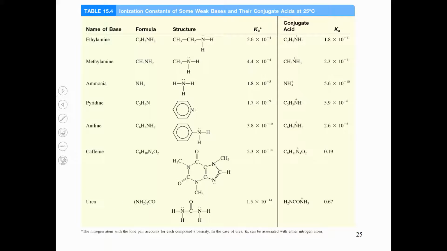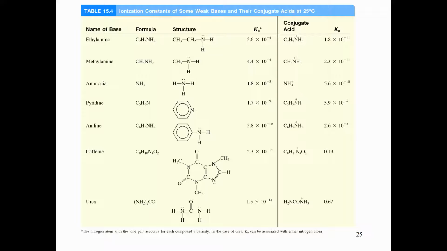Here are some Kb values for different bases: ethylamine, methylamine, ammonia. Ammonia and acetic acid are very common questions.